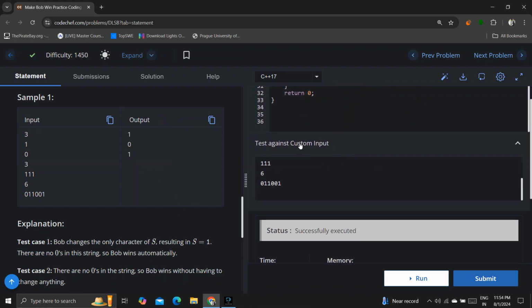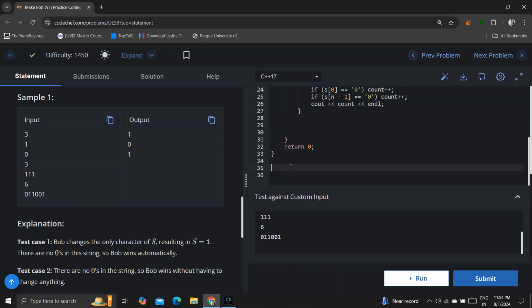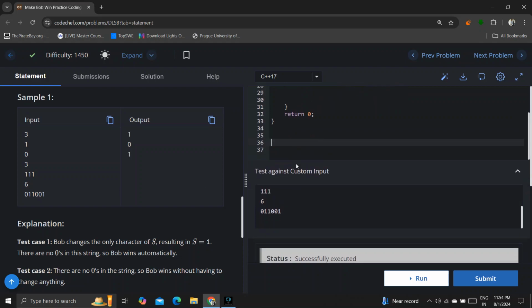Now see, what's the logic for solving this particular problem? As you can see, the third example is here. Alice can choose contiguous ones and remove them, and Bob can choose contiguous zeros and remove them.